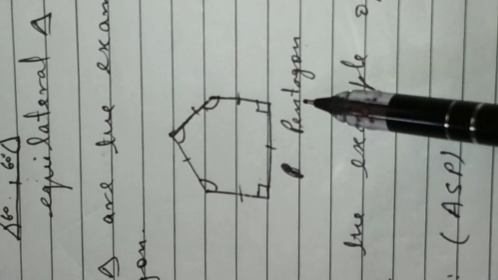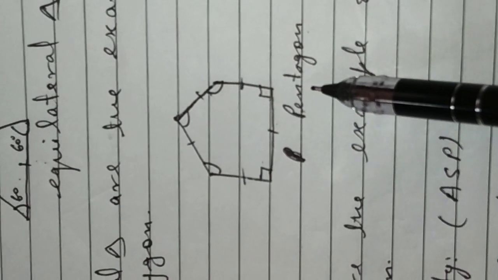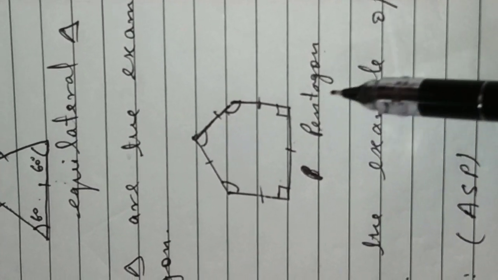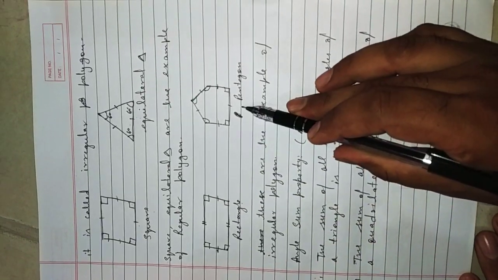So this is an irregular pentagon. If it is mentioned as a regular pentagon, it means all angles are equal and all sides are equal. Otherwise it is irregular. These are examples of irregular polygons.